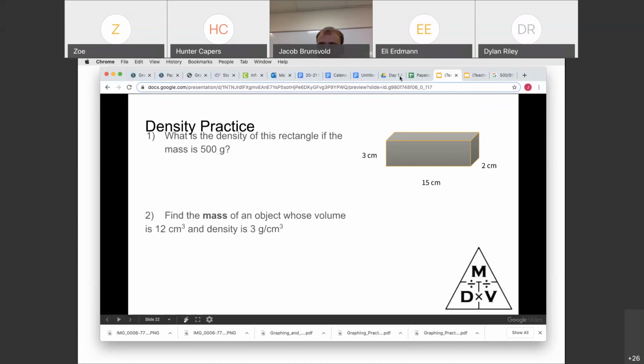Okay, let's go back in the chat. Hunter says he got 36 grams. So did Dylan. So did Benjamin. Eli, Isaac. Good. Yep. So when we cover up mass, look, it's density times volume. So we're going to take our density, which is 3 grams per centimeter cubed, and we're going to multiply times our volume, which is 12 centimeters cubed.